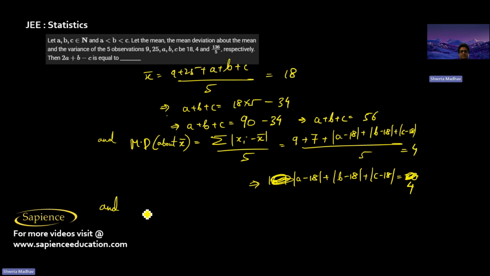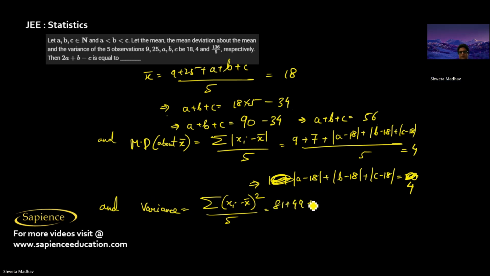And the variance would be equal to summation xi minus x bar whole square by n. So this would be 9 square, that is 81, plus 49, plus a minus 18 whole square plus b minus 18 whole square plus c minus 18 whole square, divided by 5, that is equal to 136 by 5.